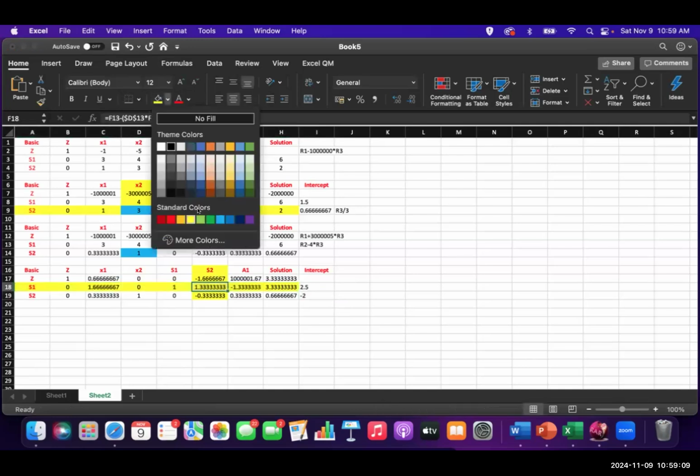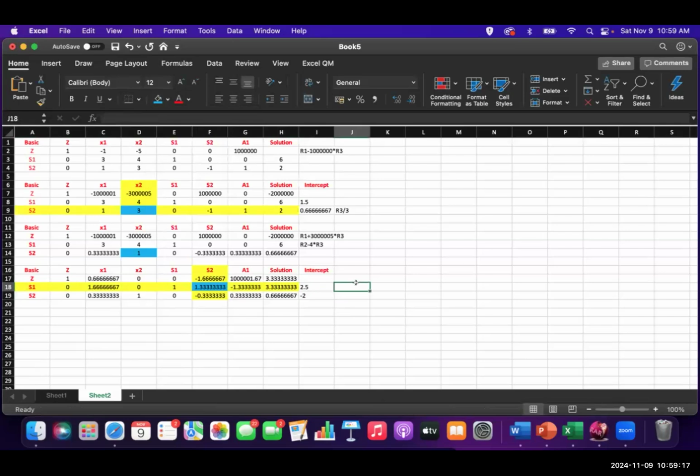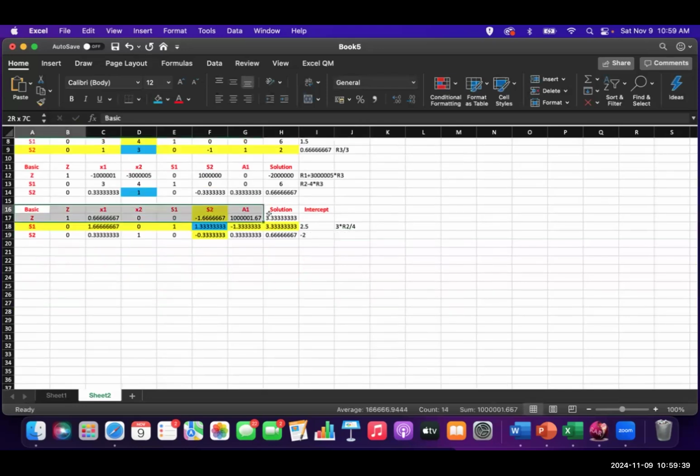And the negative 1/3 will become our pivot element. But we want it to be 1, so that is 4/3. So we multiply it by 3 times R2 divided by 4. I'll copy this one and paste the values.